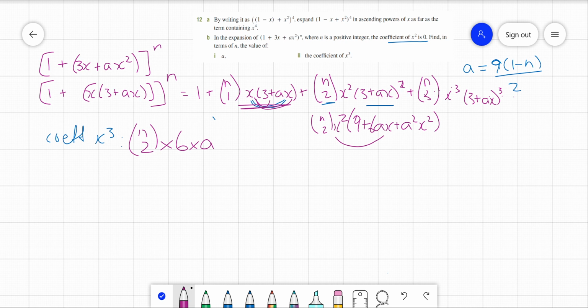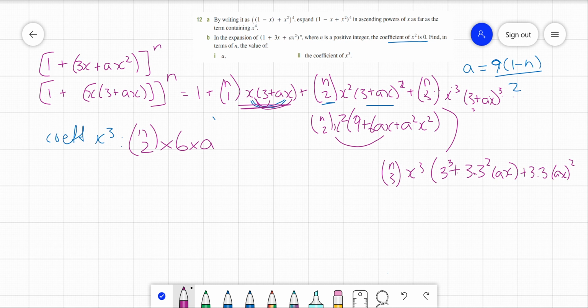Now from this one, so we've got the n choose 3, we've got x cubed, and then this, if I expand it using maybe 1, 3, 3, 1, so if I get one lot of the first term, let's say cubed, 1, 3 times 3 squared ax, 1, 3, 3, now it's 3 to the 1 ax squared.